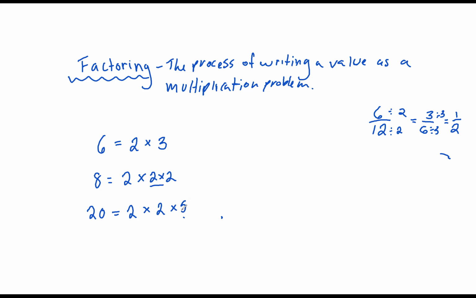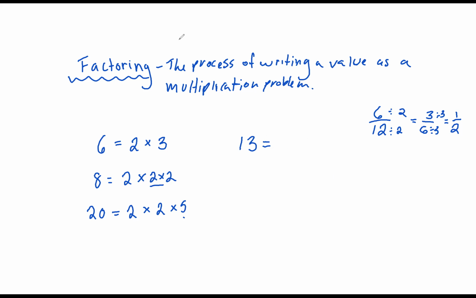Now, there are some numbers, like this number 13. How can I rewrite 13 as a multiplication problem? Well, I do know that I can write it as 1 times 13, but I said that's not really going to get us anywhere with the problems we're working out. So that's not going to help me when I'm talking about factoring.